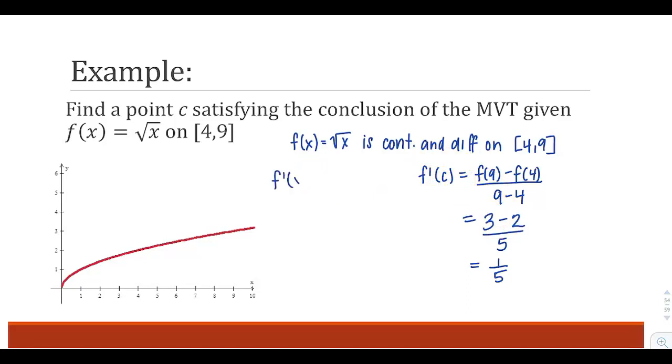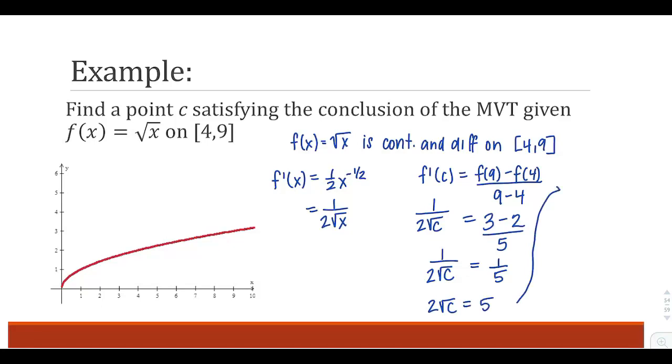So f prime of x is 1/2 x to the negative 1/2, or 1 over 2 radical x. Now putting in f prime of c, which is just substituting a c in, 1 over 2 radical c would have to equal 1 over 5. Or really, 2 radical c would have to equal 5 for this to be true.